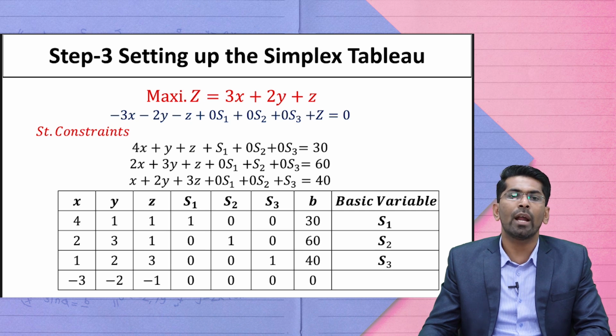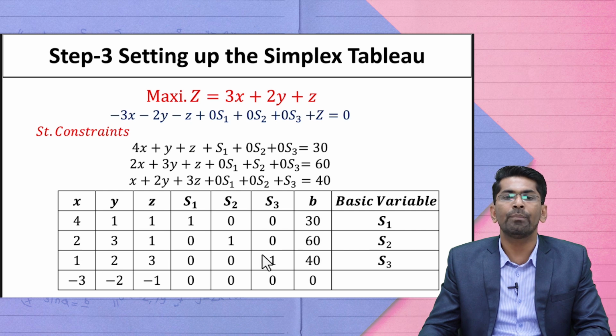So here I am going to write 4, 1, 1, 1, 0, 0, 30. This is the coefficients of the first constraint. Then the second constraint's coefficients are 2, 3, 1, 0, then the S2 coefficient, which is 1, again 0, which is equal to 60.